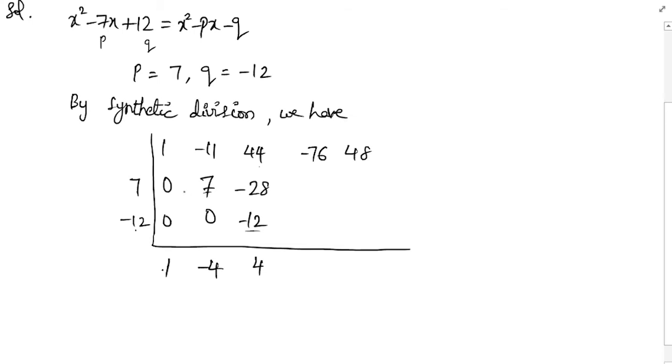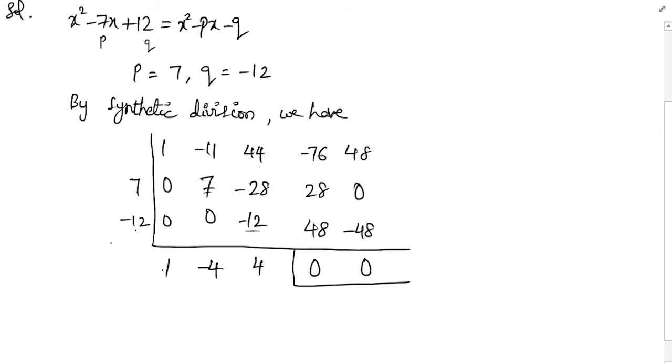Now 7 into 4 is 28, and −12 into −4 is 48, and the summation of all is 0. And −12 into 4 will be −48, so here also we got 0.